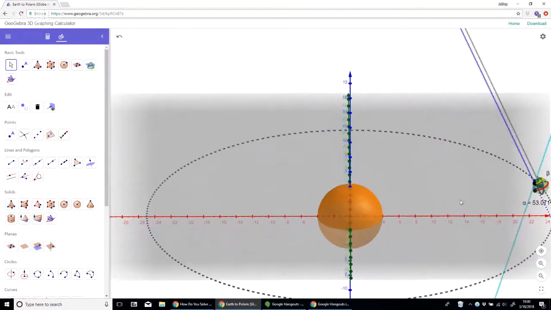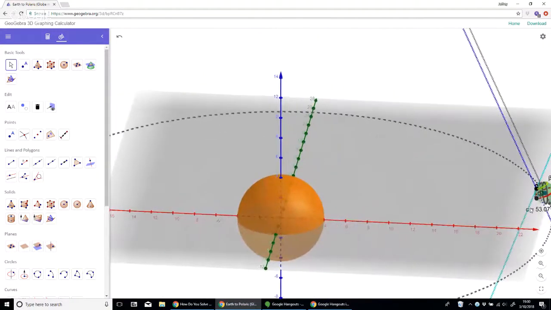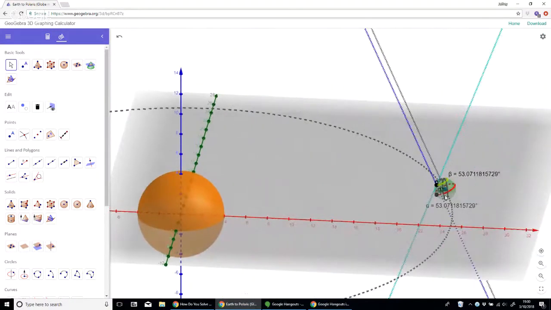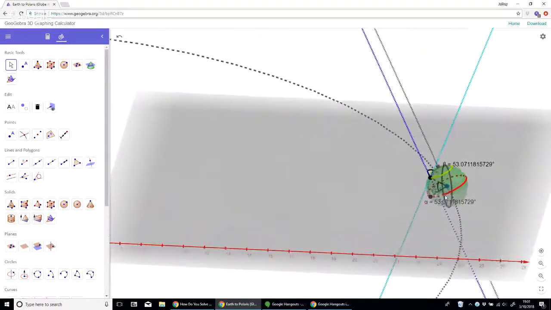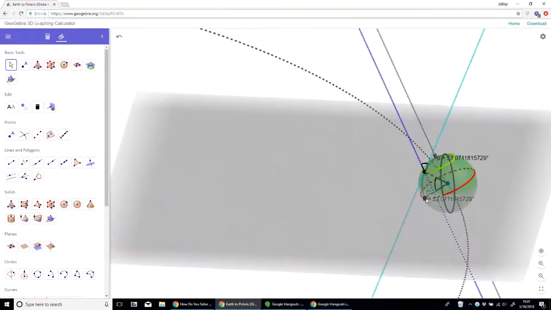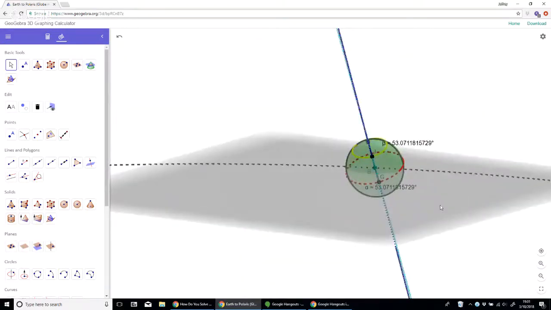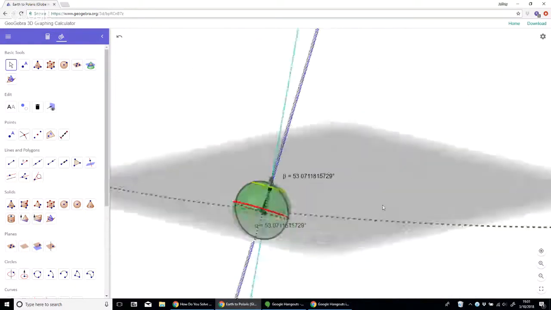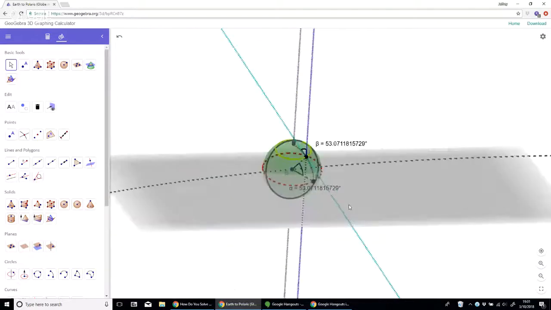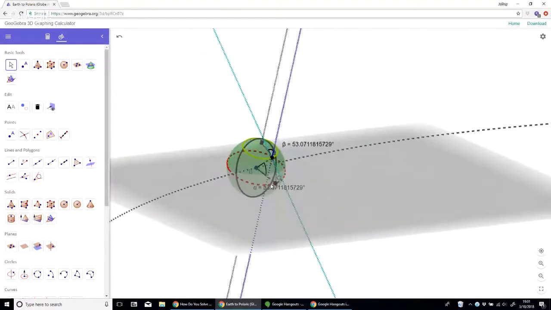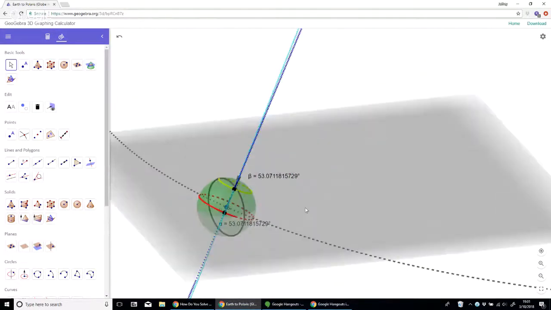So this is like 6 months later on our model. And so long as I put my observer on the other side of the terminator line, there we go. Okay.